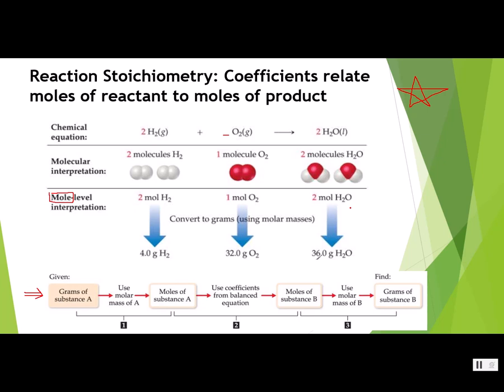Why is that so exciting to chemists, being able to do that on a mole level? Well, that's kind of exciting because once we know moles of reactant or product, we can easily convert that into grams using that substance's molar mass. And grams, hey, that's something that can be easily weighed out or determined in the lab.